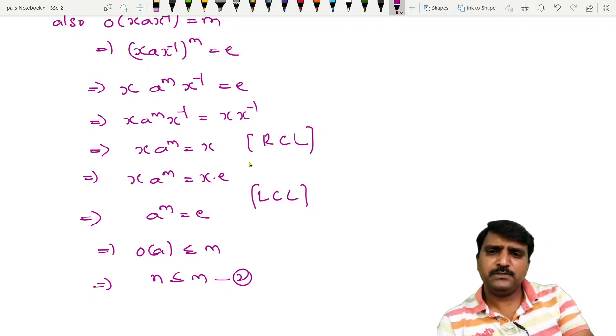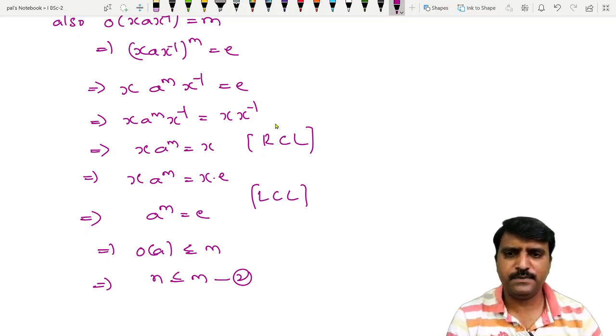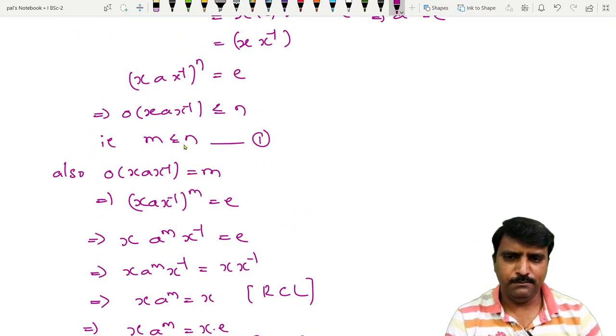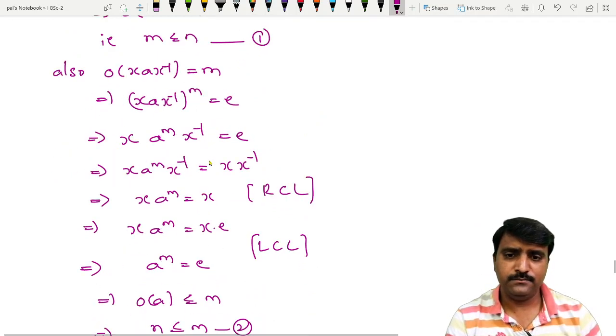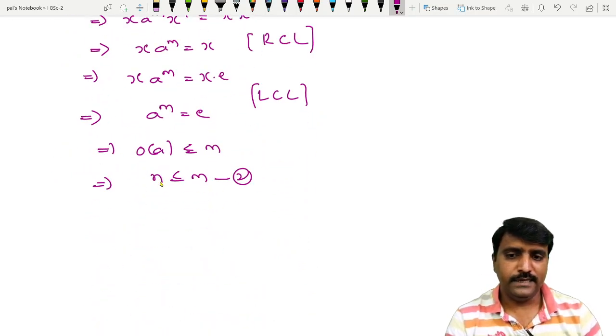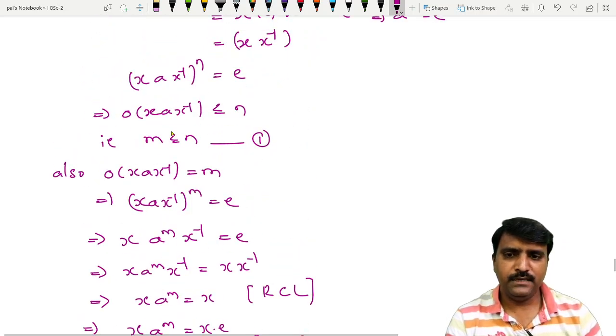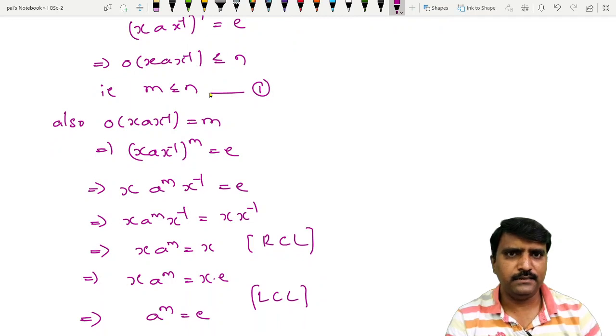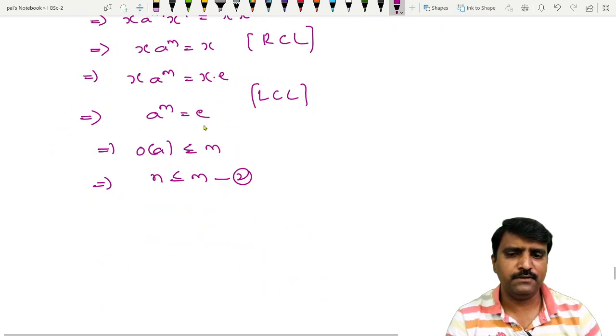So here from expressions 1 and 2, m is less than or equal to n, and again we get n is less than or equal to m. So m is less than or equal to n, and n is less than or equal to m.